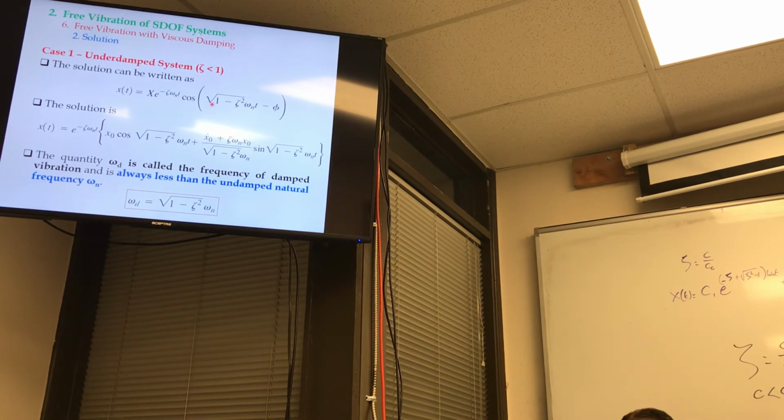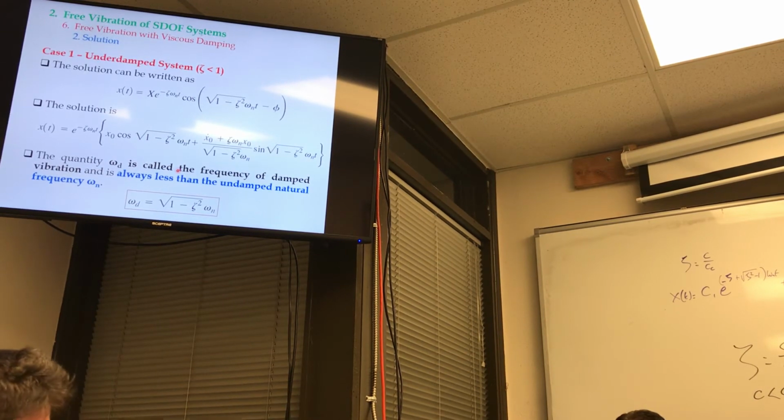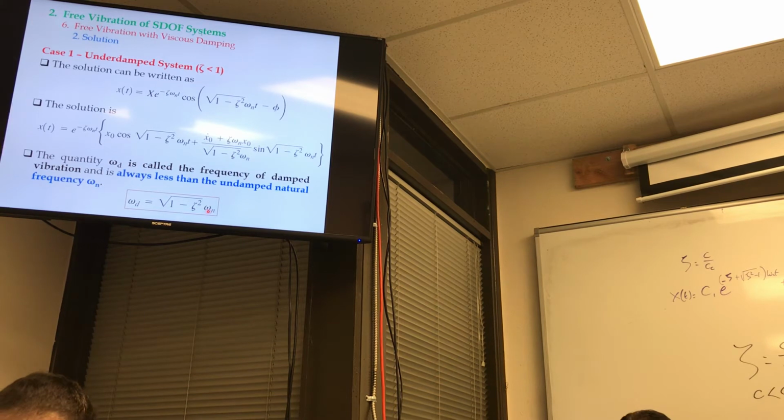Okay. But one thing is, when you have damping, the frequency of vibration is going to be square root of 1 minus zeta squared times omega n, okay? So it's different.